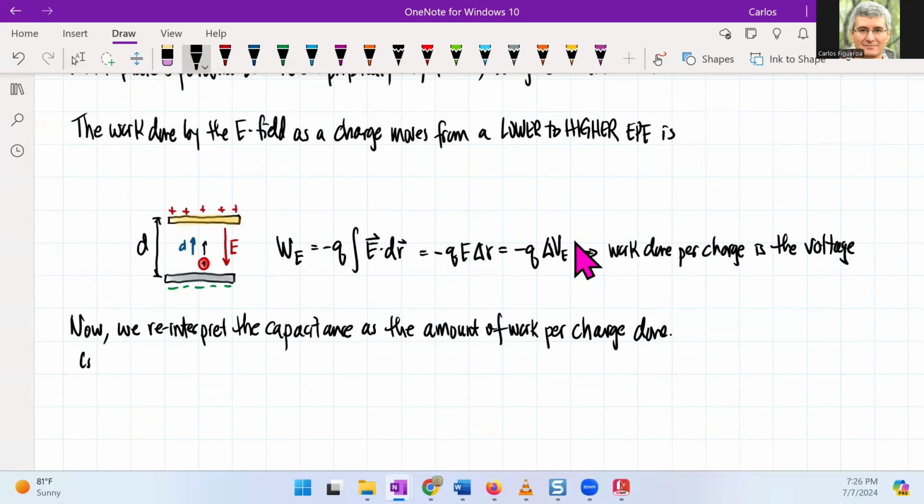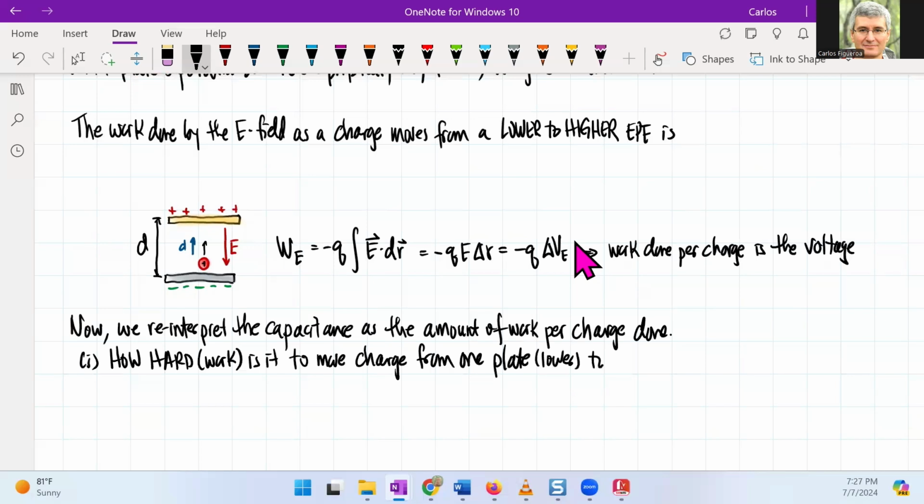So I could either say how hard, and when we say hard, we really mean work. How hard is it to move charge from one plate, let's say the lower plate, to the other?